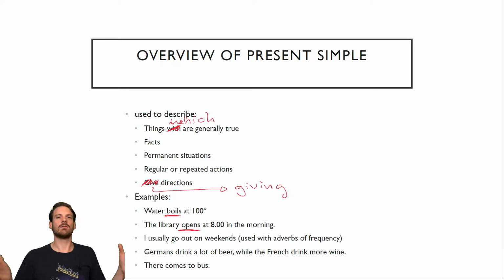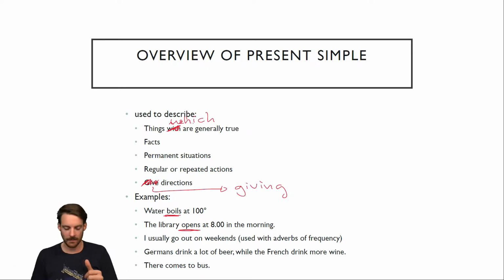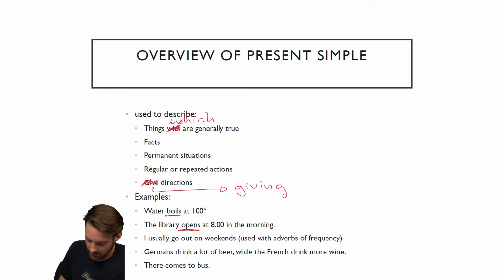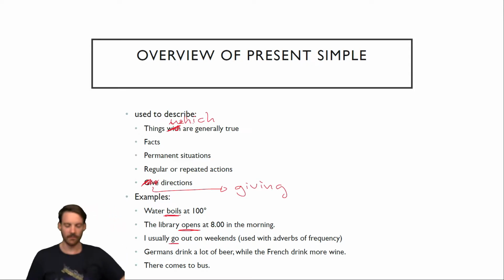Adverbs of frequency are usually, normally, repeatedly. Normally they go with present simple. So in this case, I usually go out. Go is the verb here. Go out on weekends. Actually, it's a phrasal verb.